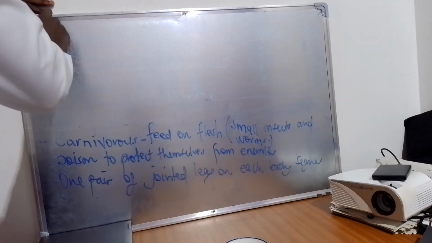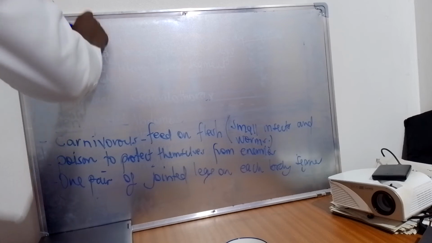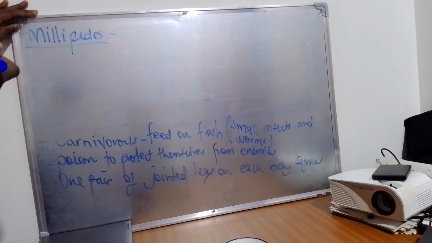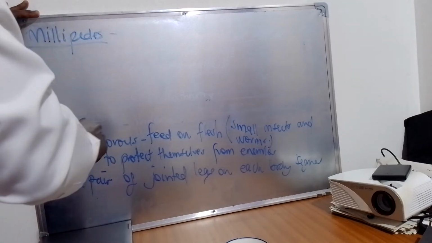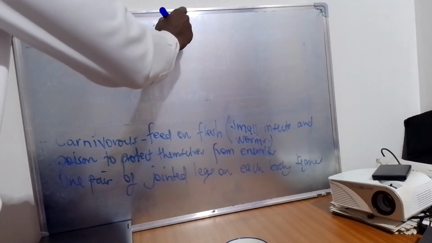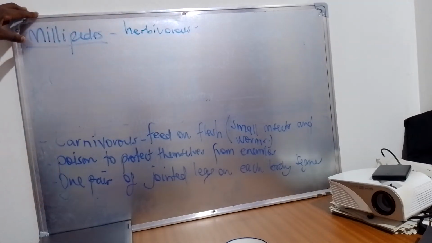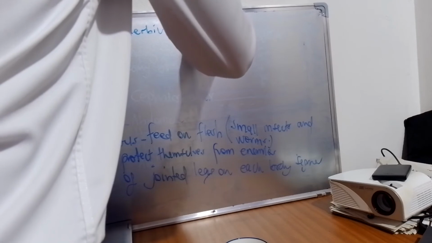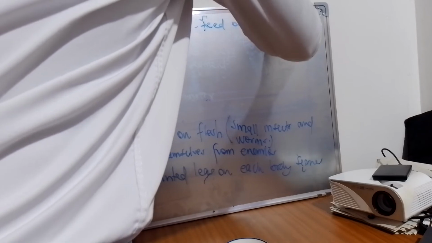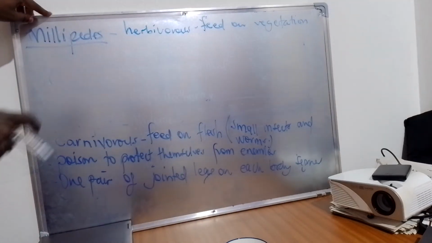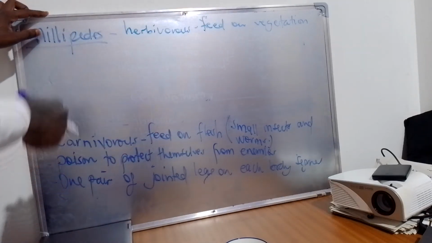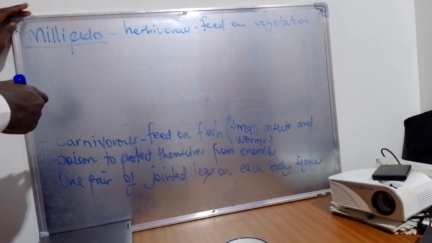For they are herbivores, meaning they feed on vegetables, they feed on vegetation. That's the meaning of herbivores. They feed on herbs. The simple explanation is that they feed on vegetables or vegetation. You can say they feed on plants.